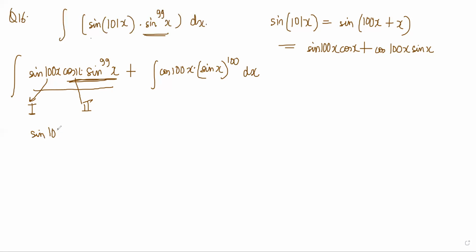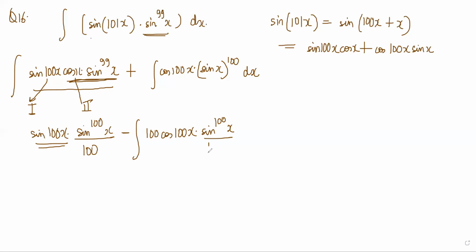So you get sine 100x into sine power 100x by 100 minus differentiation of this will become 100 cos 100x multiplied by sine power 100x by 100, which cancels the 100 and becomes minus cos 100x into sine power 100x, which just cancels this term, right?